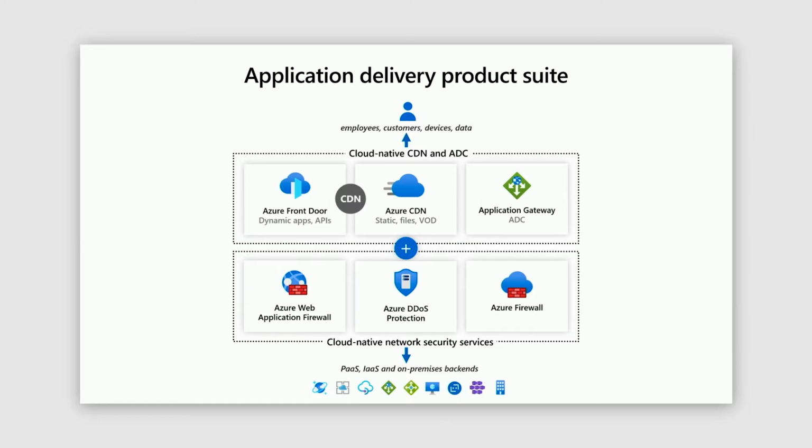Attached to those applications are three products that help you improve your overall security posture. The first is Web Application Firewall, which allows you to configure web or HTTP rules and policies to be able to secure your application from known and unknown attack vectors. Azure DDoS Protection, which allows you to protect your application at a low level from high volume attacks and unexpected traffic flows.